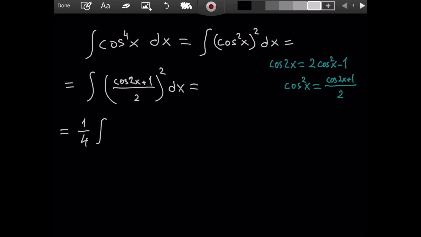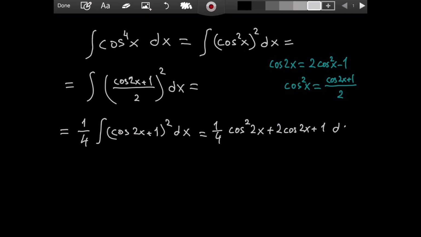It is a constant, to leave us with cosine 2x plus 1 squared and then dx. Here I will just expand the parentheses. So we have 1 over 2 times cosine squared 2x plus 2 cosine of 2x plus 1 dx, and let me put the integral sign.